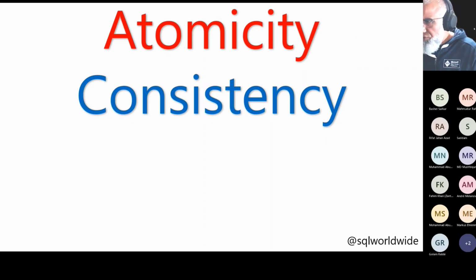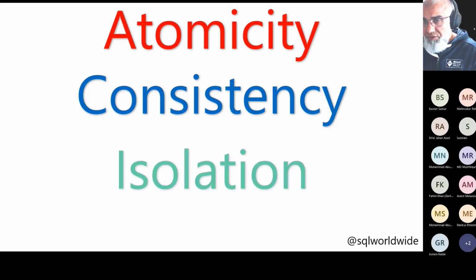Consistency is a bunch of rules that ensure the correctness of data. To give you an example, foreign keys, check constraints, primary keys, unique keys are in place to ensure the correctness of data, and that's what consistency is.